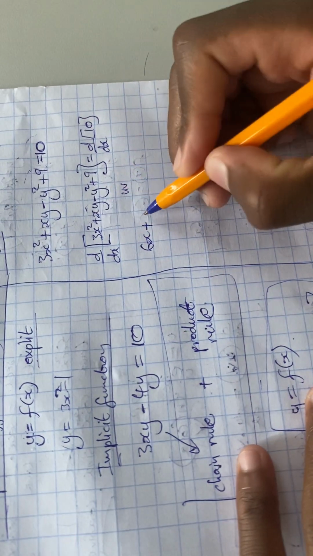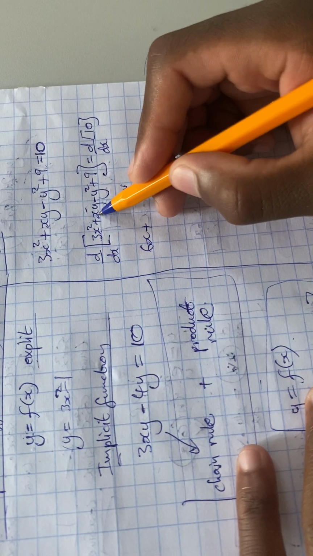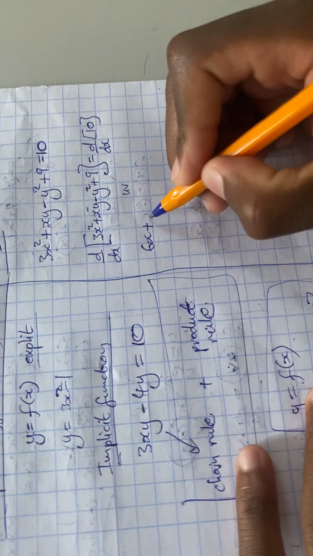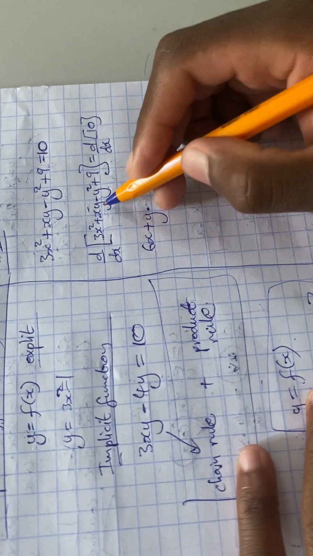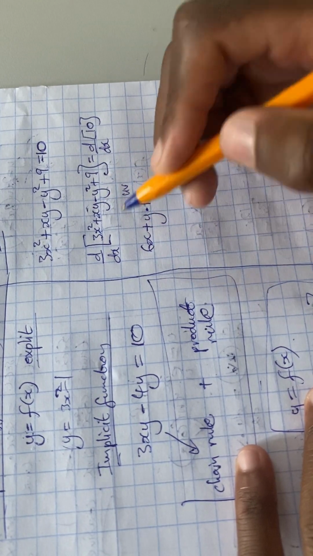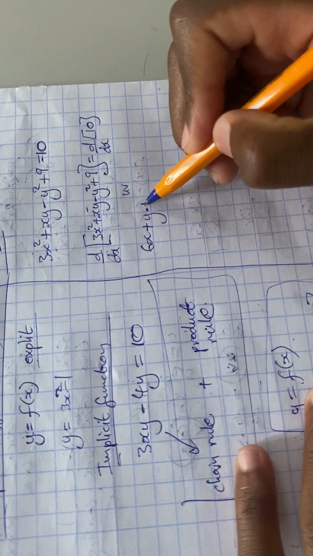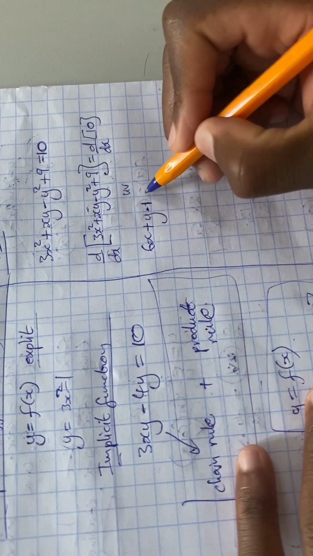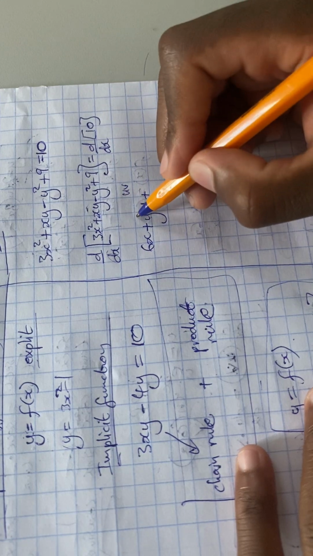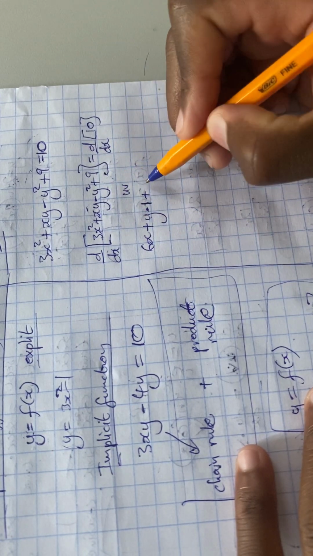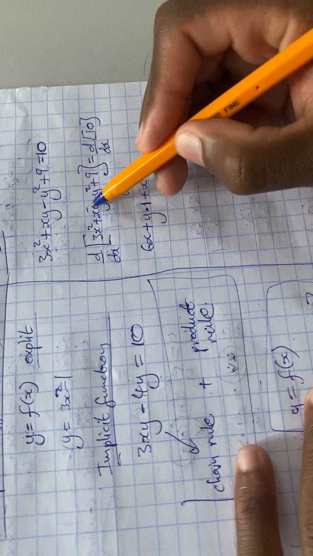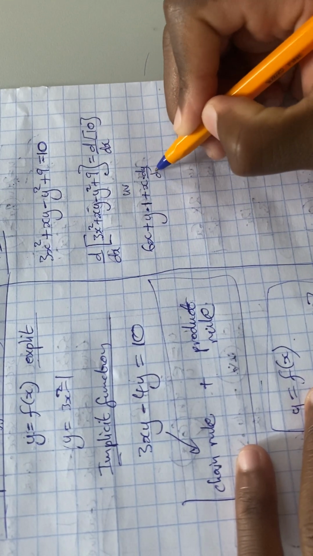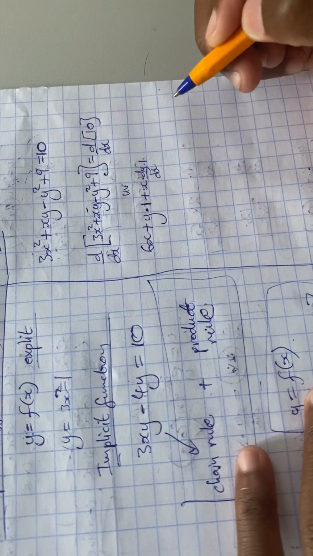So I'm going to differentiate x and leave y. I'm leaving y, I'm differentiating x. The first derivative of x with respect to x is just 1, right? So I have y times 1 plus, and then now I'm leaving x, I'm finding the first derivative of y, which is going to be dy dx times 1, right?